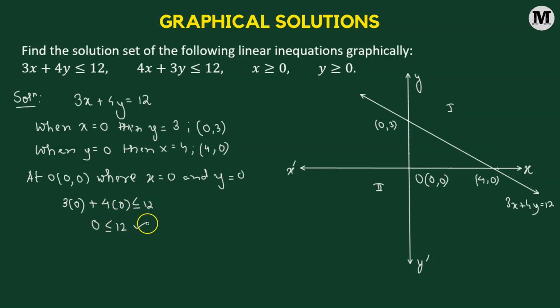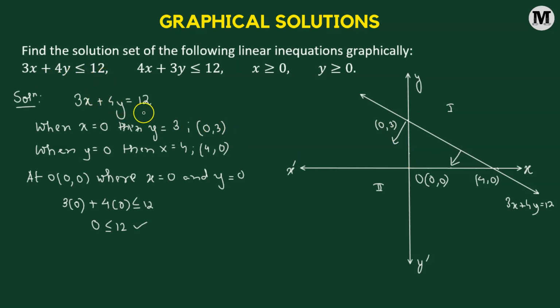Yes, that's true. 0 is less than 12, which means that the point 0, 0 is part of the solution. Since the origin belongs to region number 2, our solution for this linear inequality is region number 2. Here I have shown it with the help of the arrows. That means this is the solution region of 3x plus 4y less than or equals to 12.